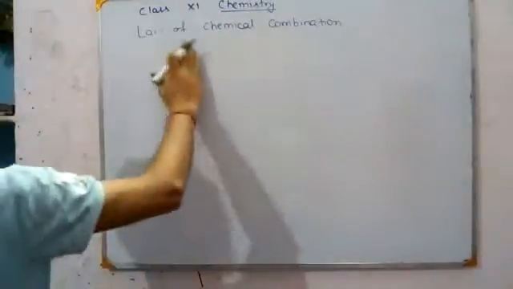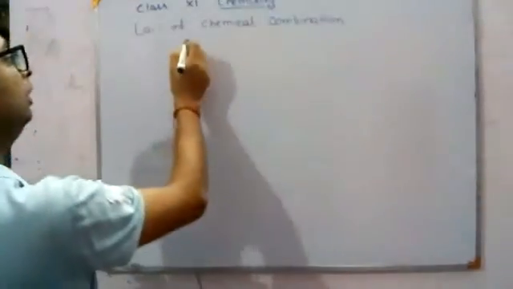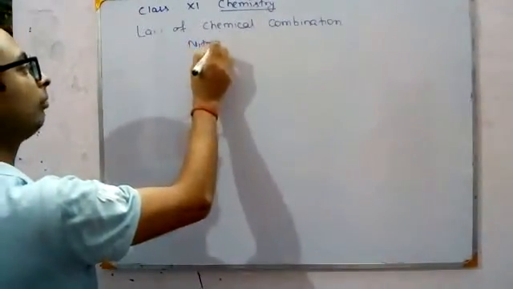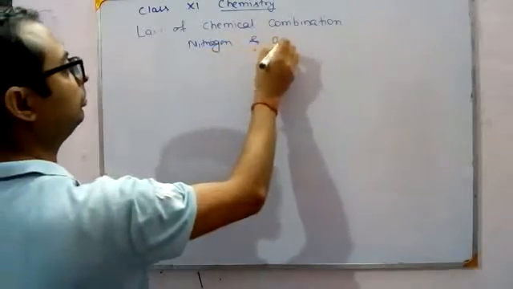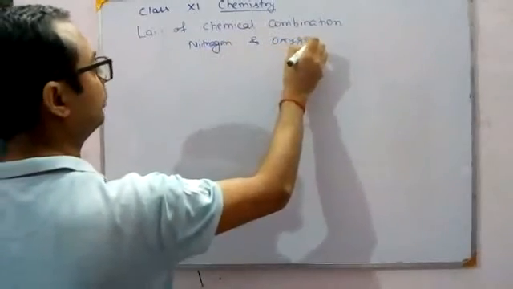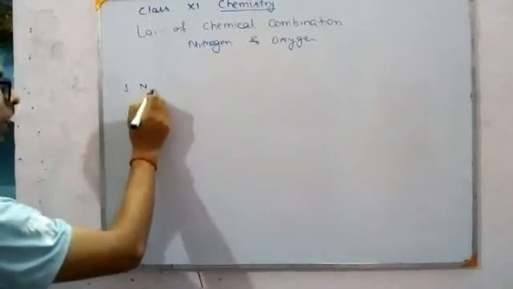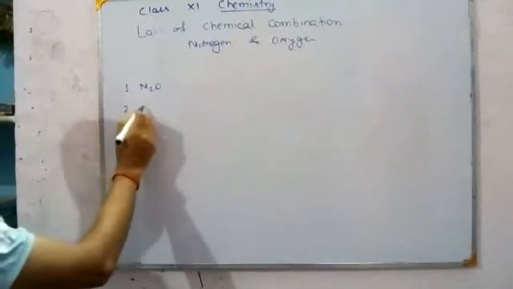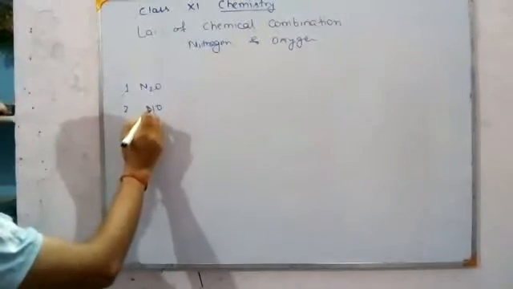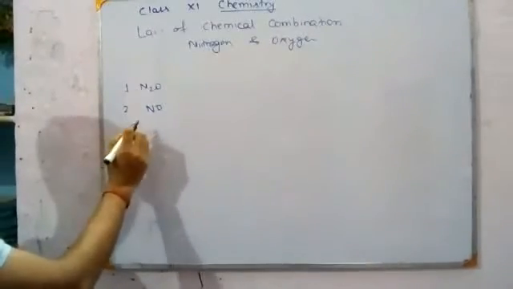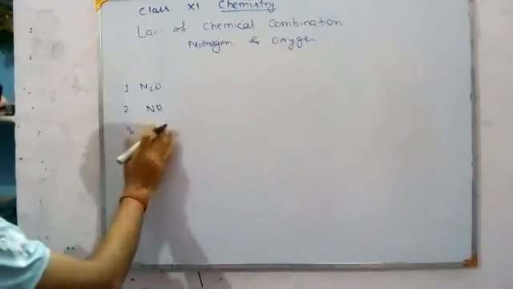We are going to take 5 different compounds formed from nitrogen and oxygen. Let's see. First is N2O, that is nitrous oxide. Second one is nitric oxide, NO. The third one is nitrogen dioxide, NO2.